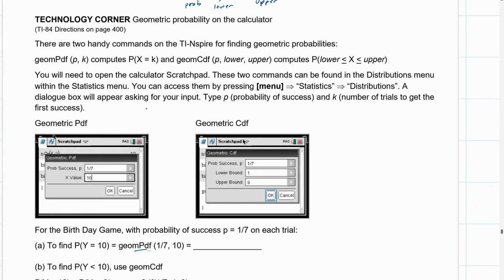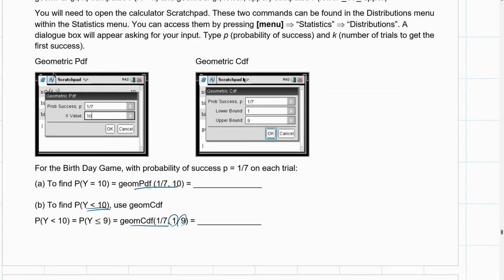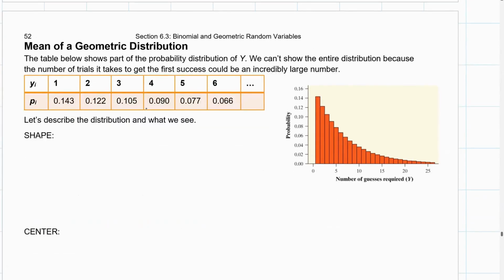So exactly 10 is a PDF. Less than 10 is a CDF. But remember, less than 10 means the good outcomes are from 0 to 9. Now, what about the shape of a geometric distribution?